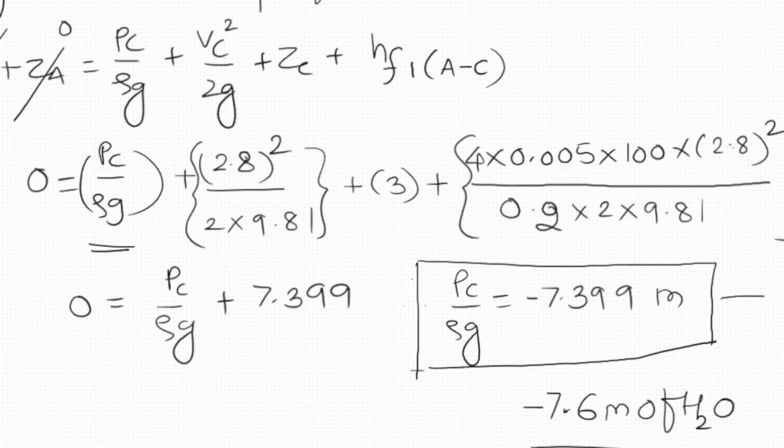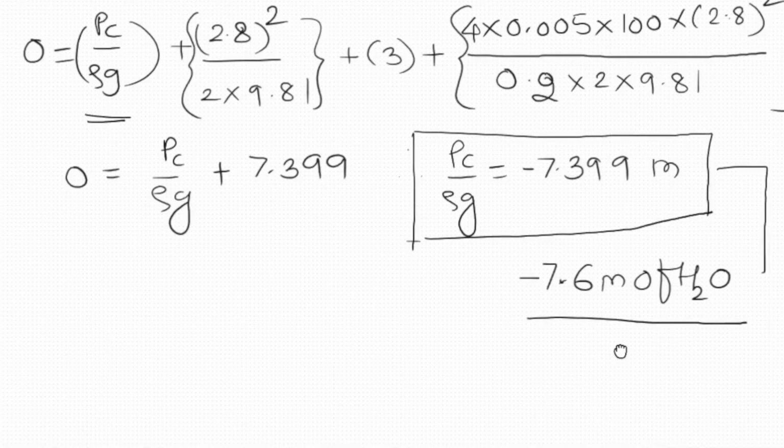Now, whatever the value we are getting, this value is following the same thing. It means that there will be flow of water from point A to point B. If we want to find out the absolute pressure, we can get the absolute pressure of water, and that value will be more than 2.7. So it means that the siphon will operate.